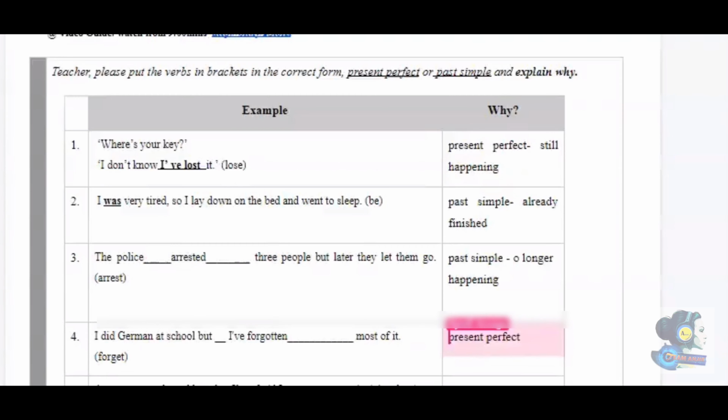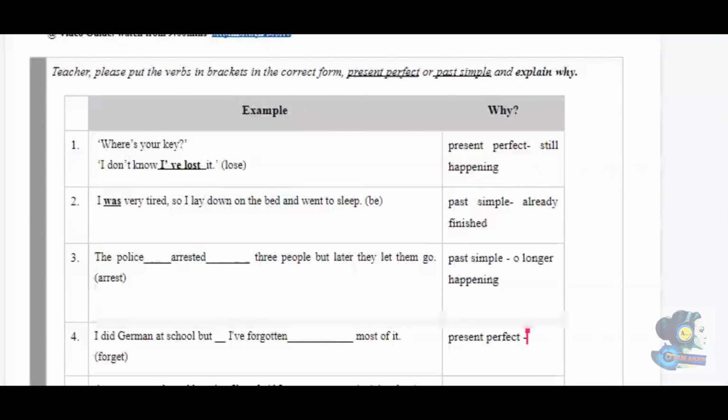You are correct with the form of the verb that you gave me. Why? Because he or she did German in the past, but forgot most of it, and it's still happening. Like he or she still forgets the German language. Just like in the first sentence, have lost, and this one, have forgotten. That's why they were both in present perfect tense.